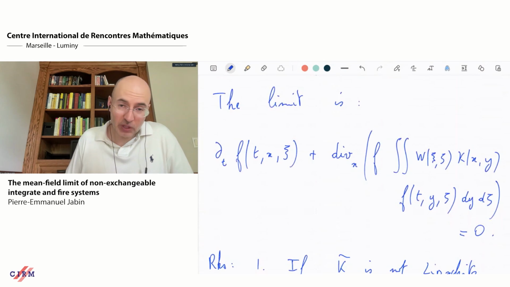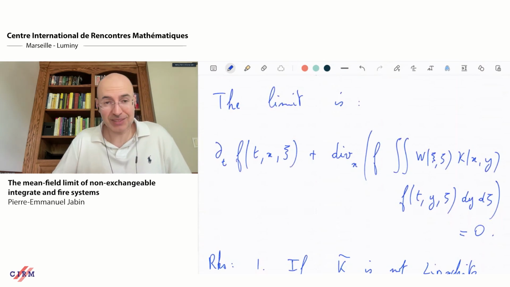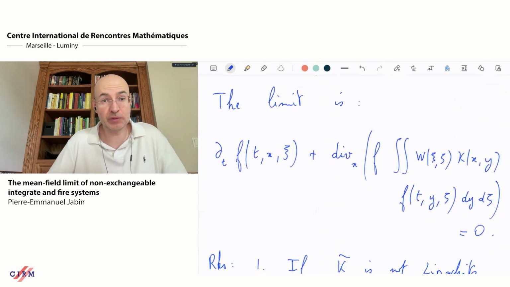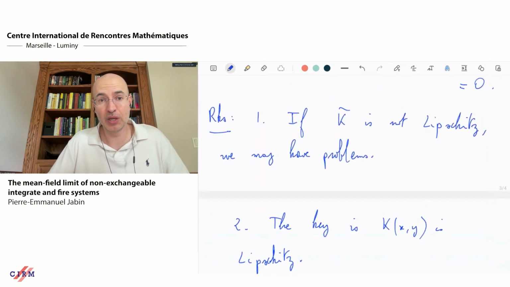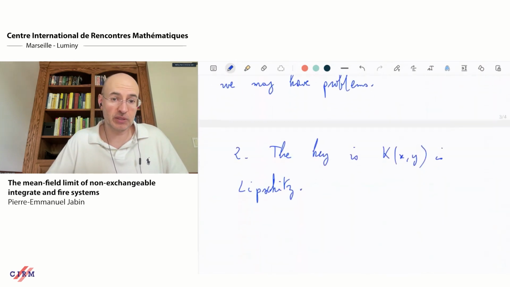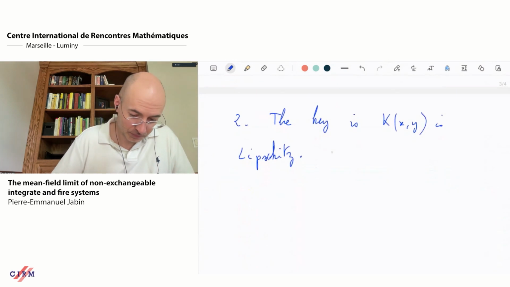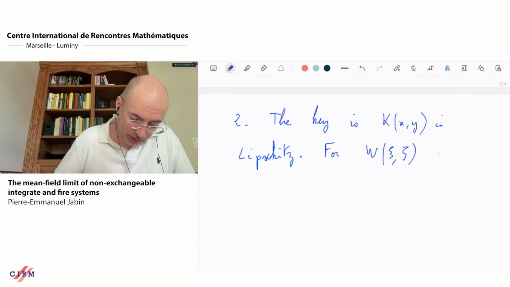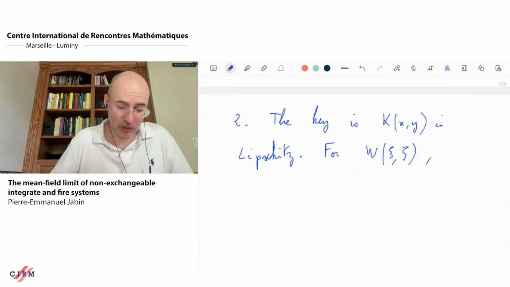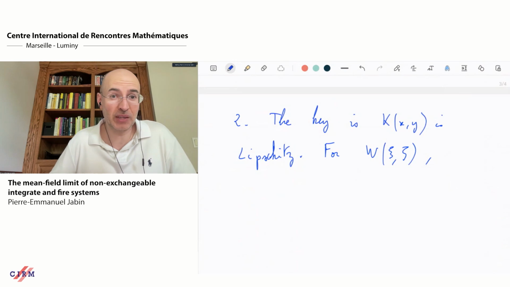And it's the same at the level of the limiting equation, right? You see that psi and zeta here really just play the role of parameters. There's no derivative in psi or zeta in the equation. So you need less regularity in psi and zeta. So for W of psi, zeta, continuity is more than enough, and you can even deal with less.